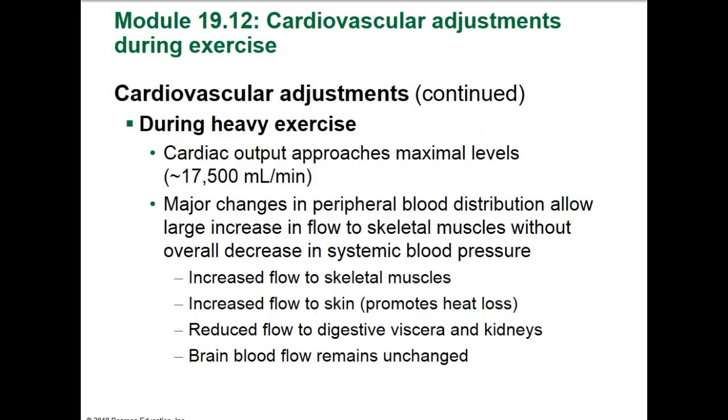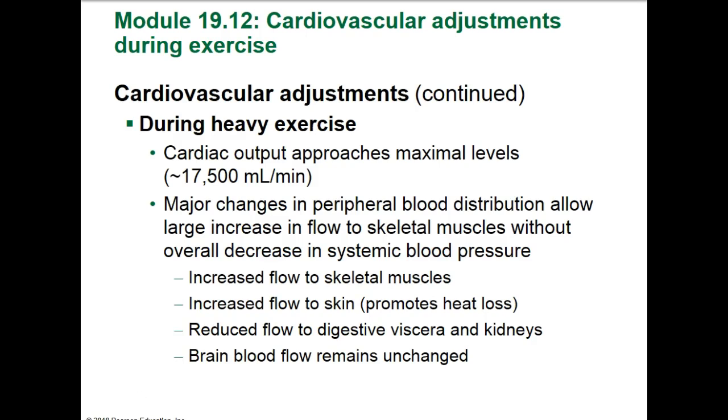During heavy exercise, your cardiac output approaches maximal levels, about 17,500 milliliters per minute. You have major changes in the peripheral blood distribution that allows large increases in flow to your skeletal muscles without overall decrease in your systemic blood pressure. You have increased flow to the skeletal muscles, increased flow to the skin, so you have more heat loss.